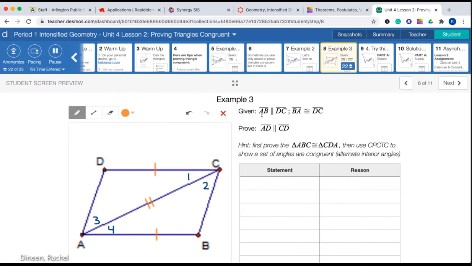And now let's look at the given. AB is parallel to DC. So if I have a set of parallel lines, let me change the color. Okay, here are my parallel lines, and they are cut by a transversal.